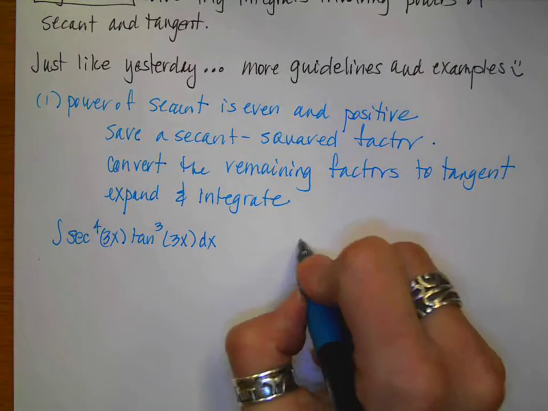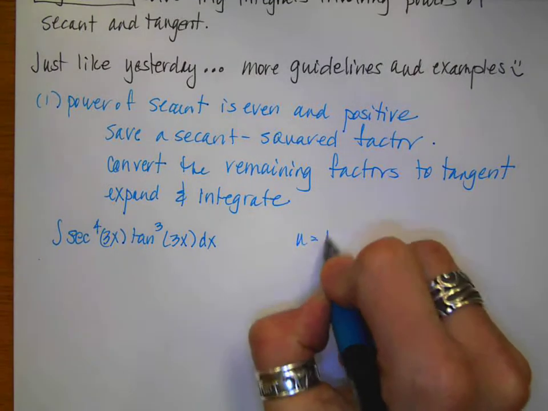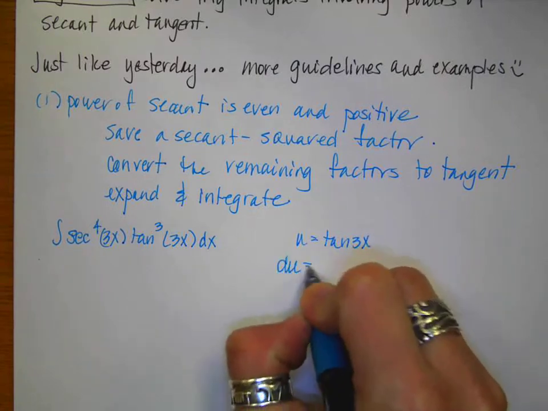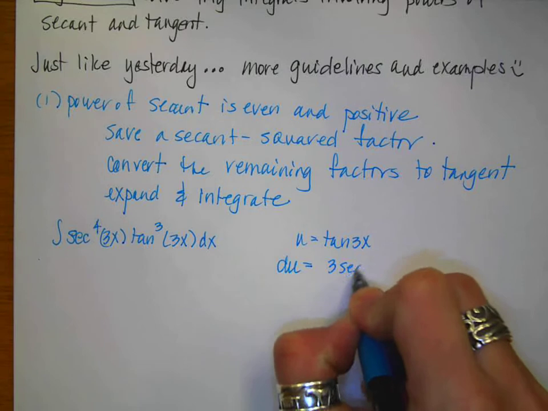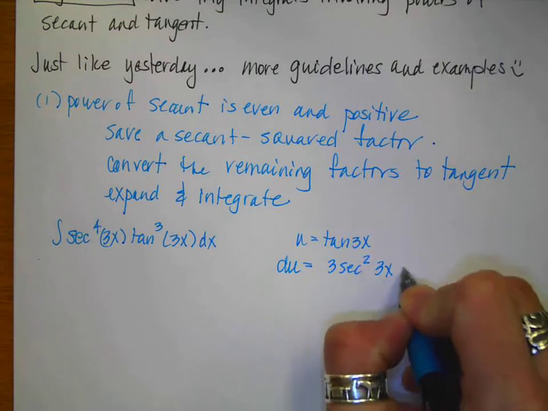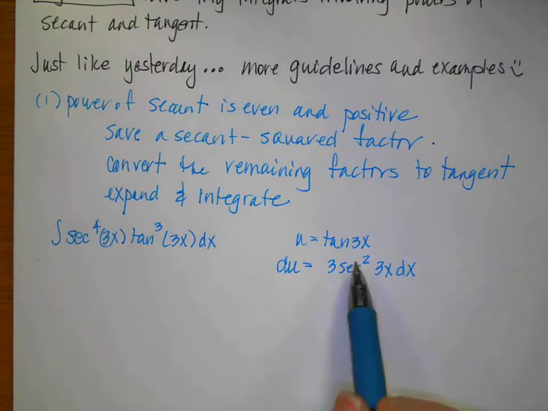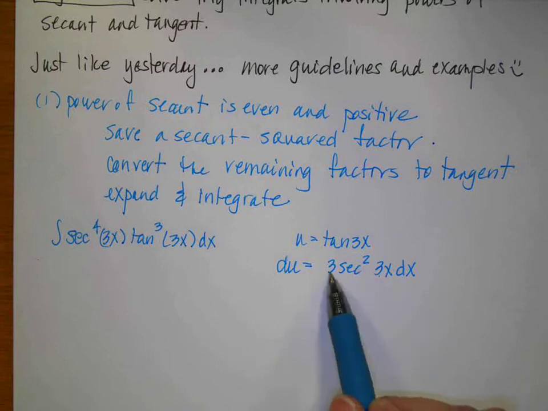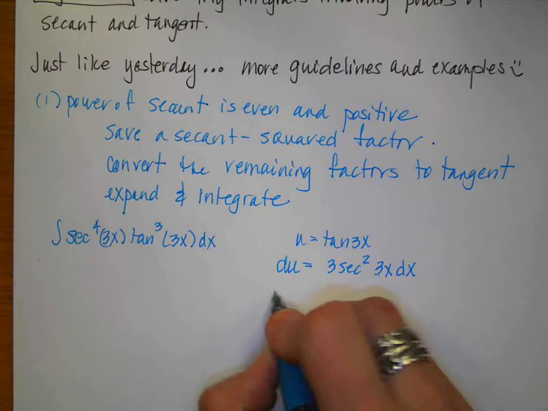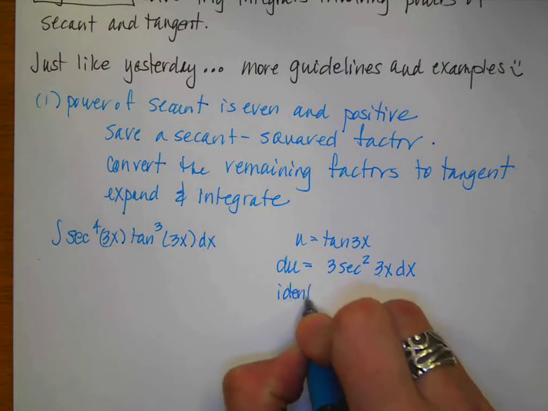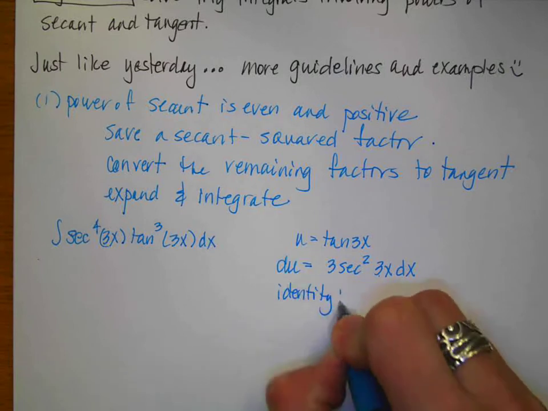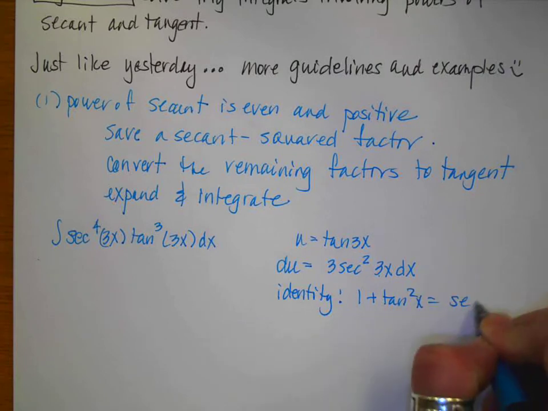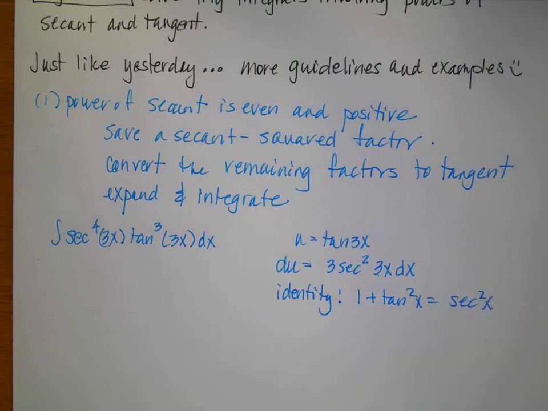Alrighty, so one of the things that I'm going to show you is that u is going to equal the tangent of 3x, and du is going to equal 3 secant squared 3x dx, because the derivative of tangent is secant squared, and then I have to do the chain rule, okay? And then we do have an identity that we need to remember, and that is that 1 plus tangent squared x is secant squared x.